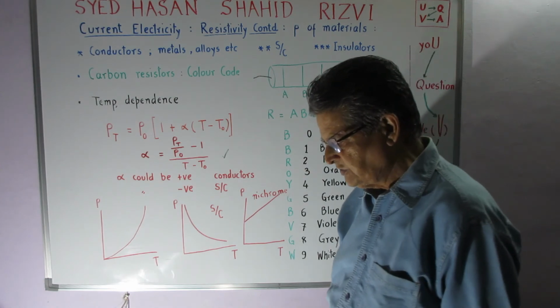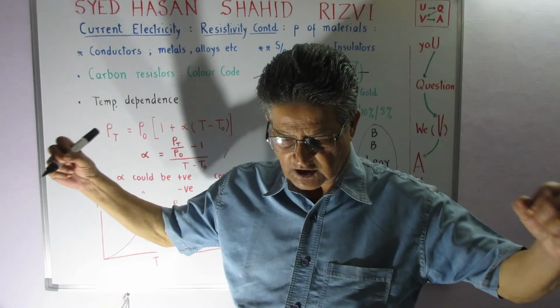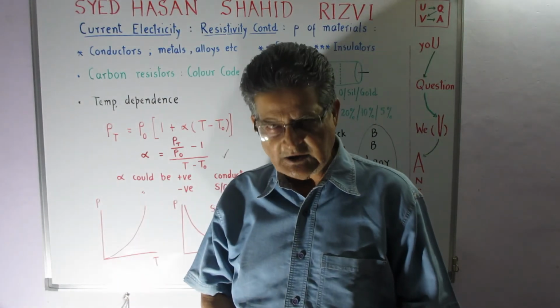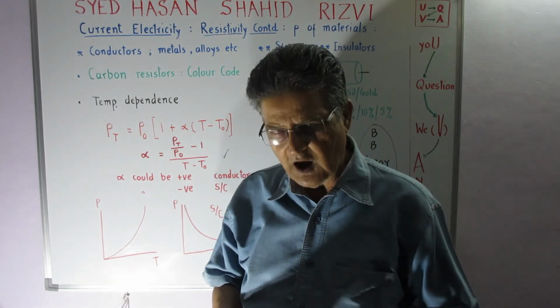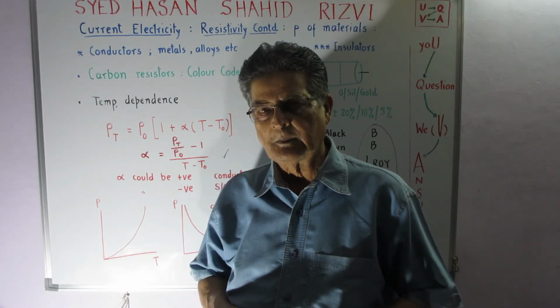The resistor is the Raja Beta, the king of Tartary. Whatever you give to the resistor in the form of energy created by V and I, it will always spend it, never store it.